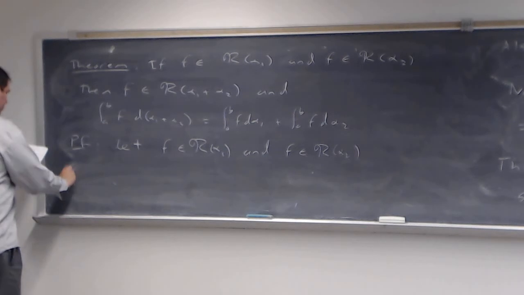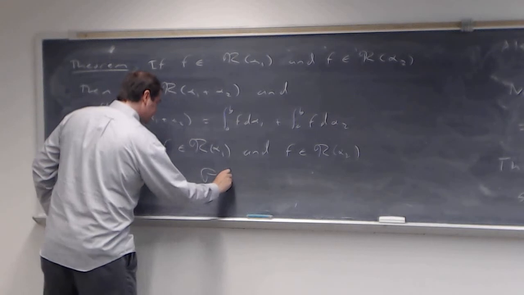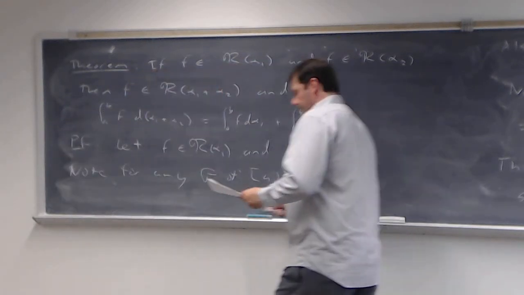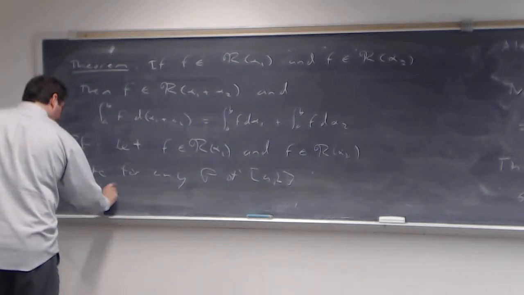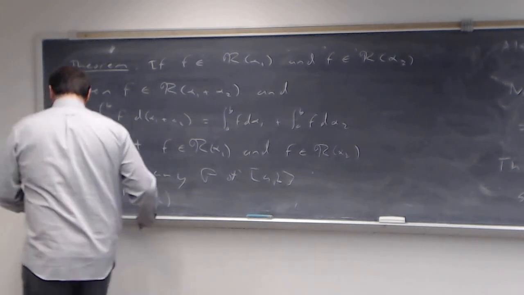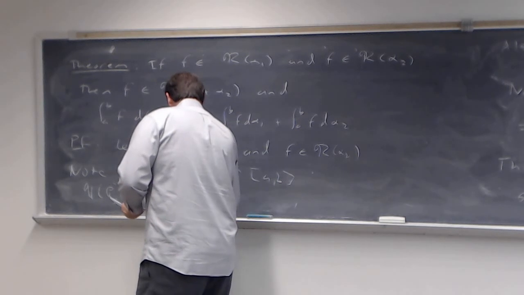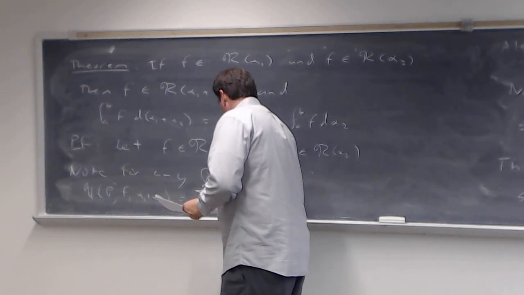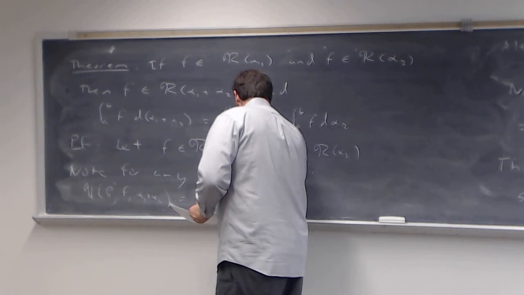Then note for any partition of [a, b], the upper sum with respect to this partition, f, and alpha sub 1 plus alpha sub 2 is equal to the sum as i runs from 1 to n of big M sub i times delta of alpha sub 1 plus alpha sub 2.